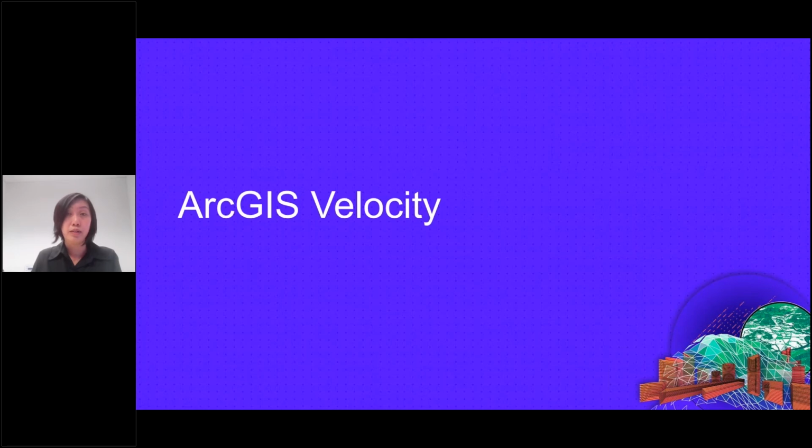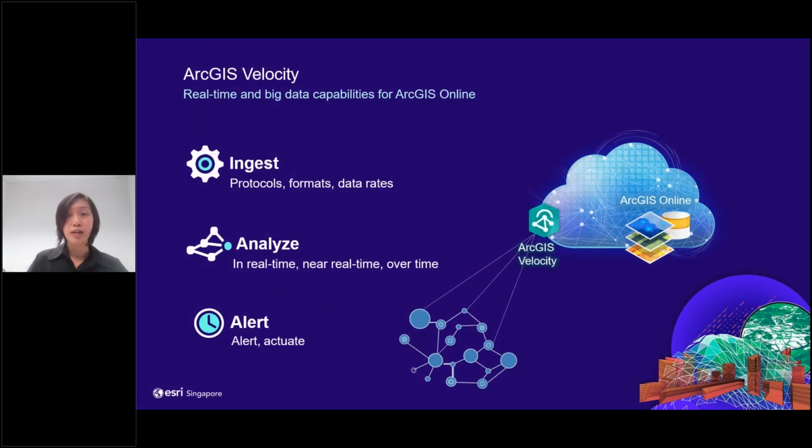Fourth on the list is ArcGIS Velocity, Esri's new offering for real-time data ingestion and analysis on the cloud. ArcGIS Velocity, like its on-premise cousin, GeoEvent Server, allows you to connect to various data formats and protocols for data ingestion and be able to analyze the incoming data in real time, and even perform big data analysis in near real time and at a specified schedule.